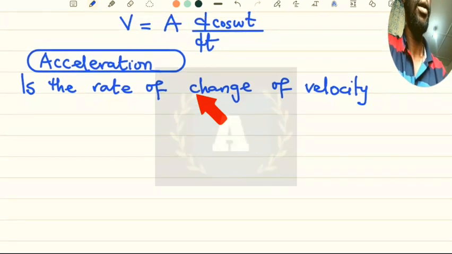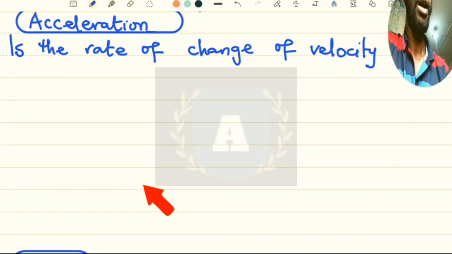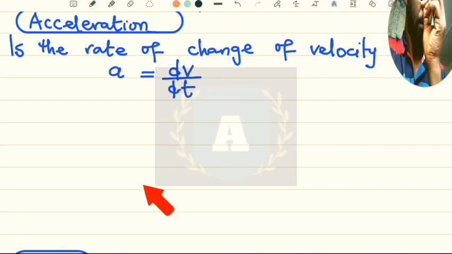Okay, so that is acceleration, which means a is equal to change in velocity divided by change in time. So we're going to differentiate that now.